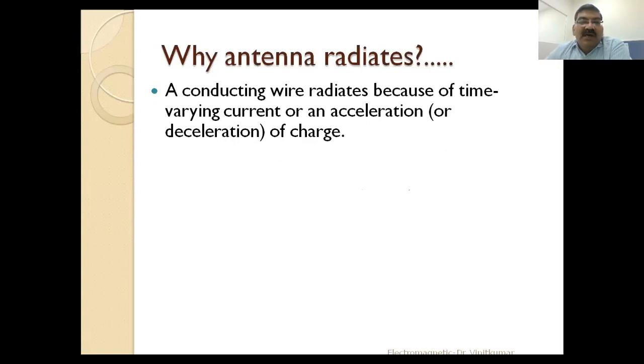Whatever conducting wire you have, it radiates because of time varying current, or acceleration or deceleration of charges. So the main concept here is acceleration and deceleration of the charges.